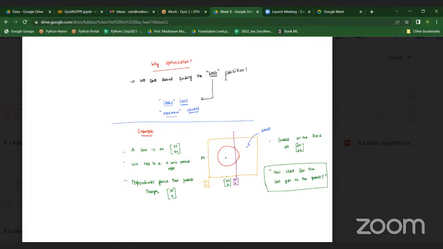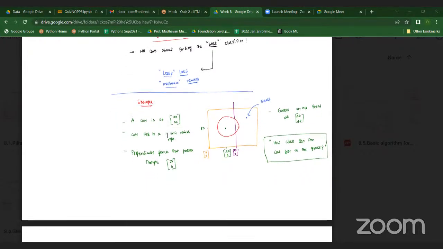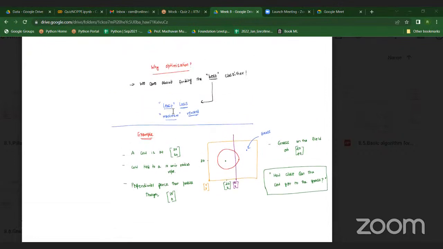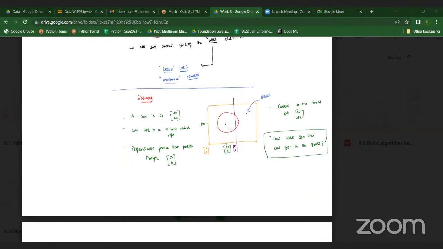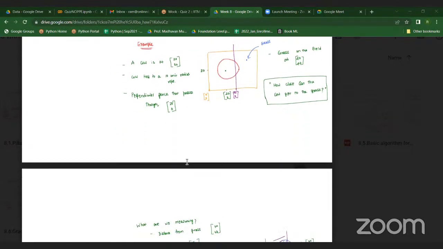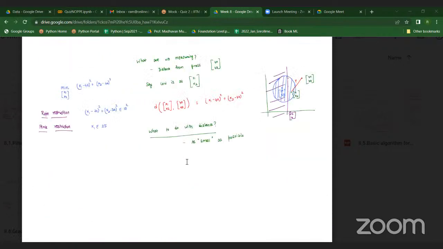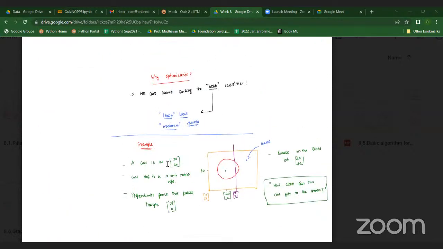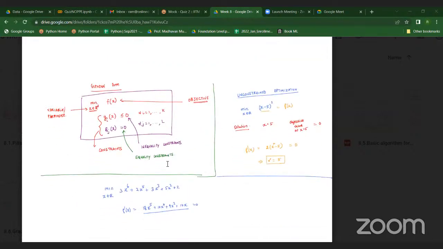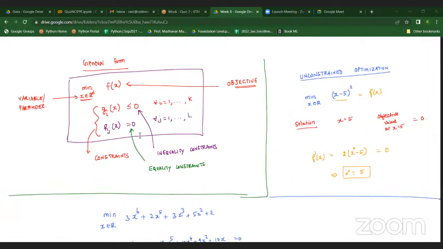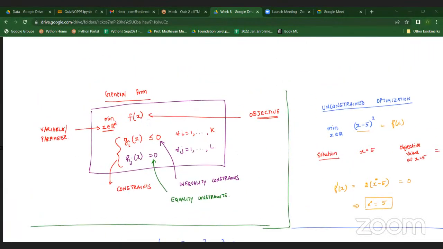We'll see exactly how to solve those problems mathematically. I'll just give you brief examples and won't get into them in detail. In general, we have a function which is dependent on variables or parameters.